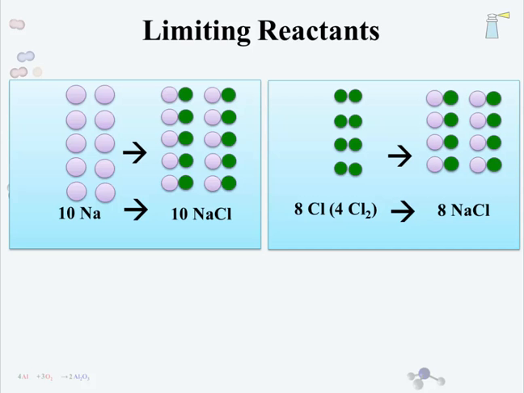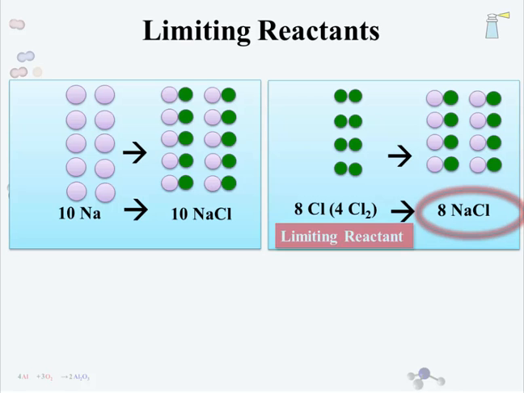If the value of chlorine was given in grams, then we would have to find the amount of sodium chloride using stoichiometry. A direct comparison of the amount of sodium chlorides produced has the 8 sodium chlorides from the chlorine being less than the 10 sodium chlorides from the sodium. Cl2 is the limiting reactant, and sodium is the reagent or reactant in excess.